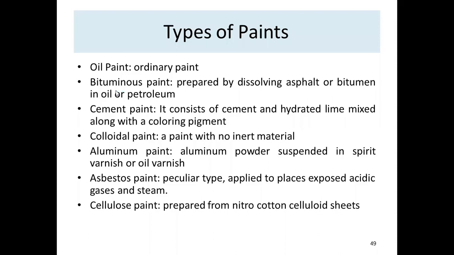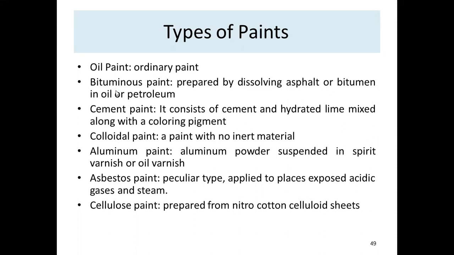Basically this paint has qualities like it protects iron and steel from corrosion in a better way as compared to other types of paint. Also, it possesses good weather resisting and waterproofing qualities.